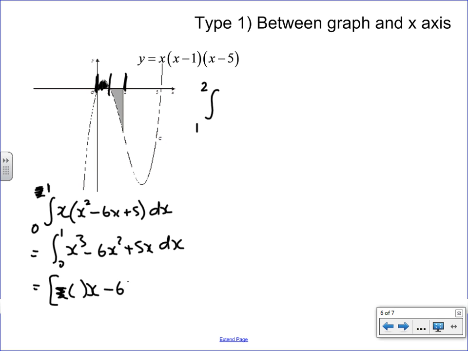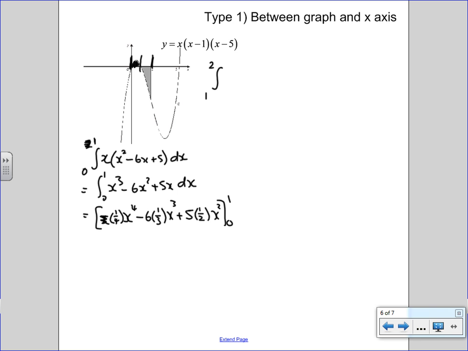Don't need plus c but do need to remember my limits. 3 increases to a 4, 2 increases to a 3, 1 increases to a 2. 1 quarter x to the 4 minus 6 divided by 3 is 2, plus 5 over 2 x squared between 0 and 1.